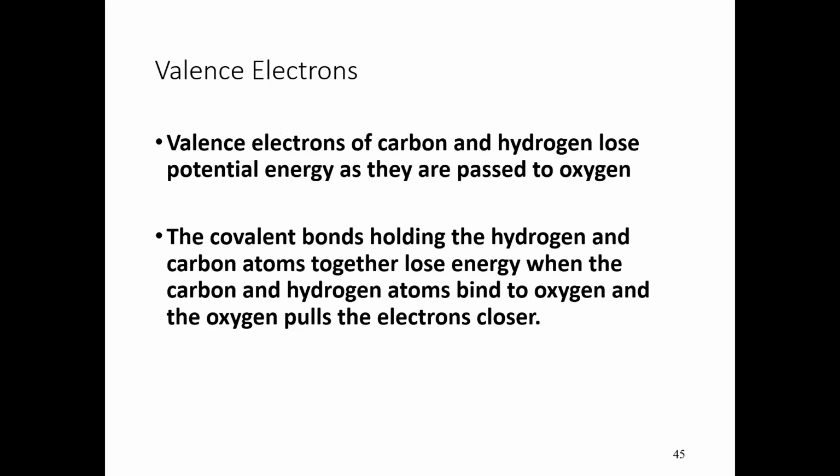And it is the valence electrons that are giving up their potential energy. Remember, the valence electrons have the greatest amount of potential energy. They're the ones in the farthest outer shell. I guess that's redundant. The valence shell is the outer shell. That has all the potential energy you're going to get from a molecule.